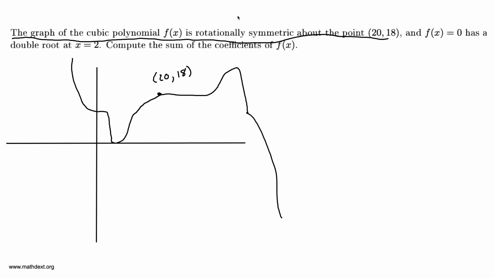Once again, this is probably not what f looks like, because f is a cubic polynomial, but if you were to rotate this 180 degrees, you would get roughly the same thing. So that's what it means when f of x is rotationally symmetric about the point 2018.